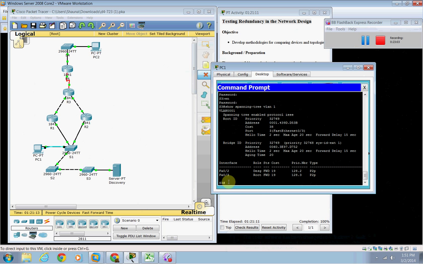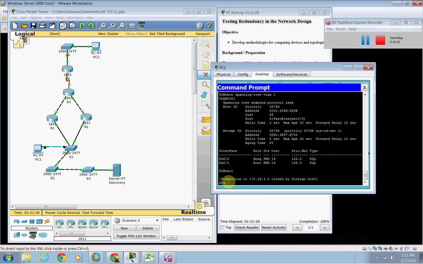You have a root one and a designated one. And switch 4.